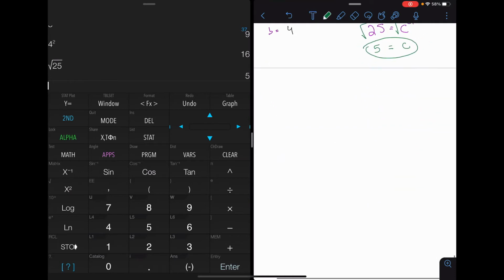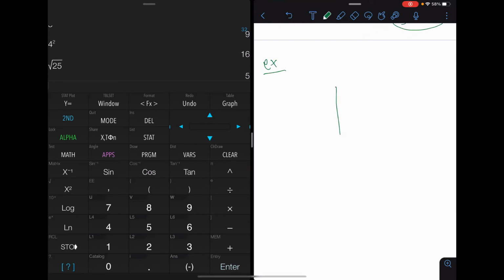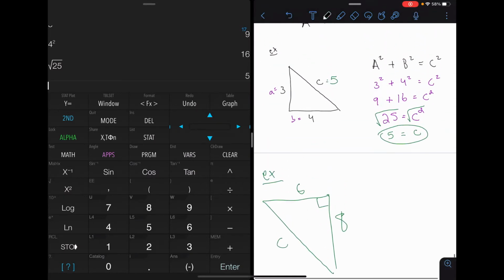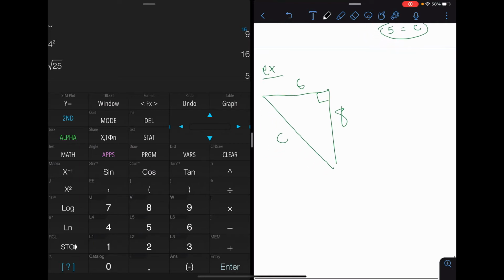We can do another example. I have a right triangle. Let's say I have 6, 8, and c. My formula is a squared plus b squared equals c squared.